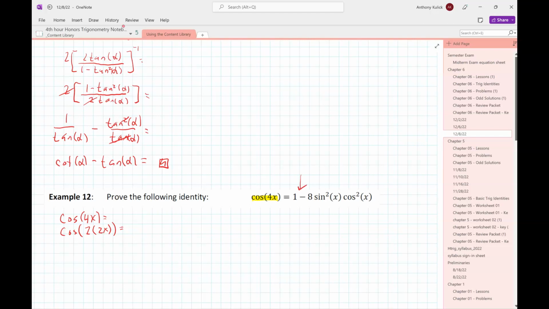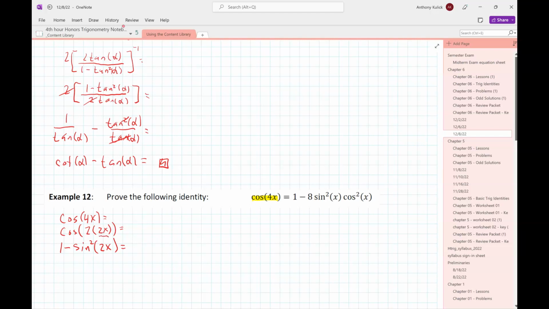I want either the 1 minus 2 sine squared x or the 1 minus 2 cosine squared x, because I have the 1 minus here that I'm shooting for. And I don't think it will really matter a whole lot which one we end up picking, but that's the one that I chose when I did this.